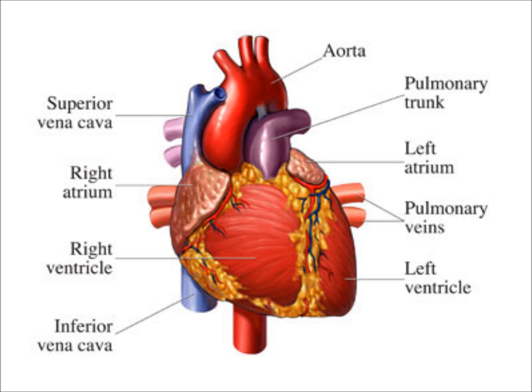We already know this, but let's just review it. Stroke volume in equation form is what? EDV minus ESV. EDV is the end diastolic volume, the volume in the ventricles at the end of diastole.